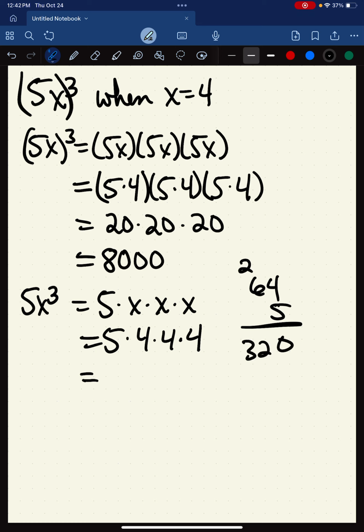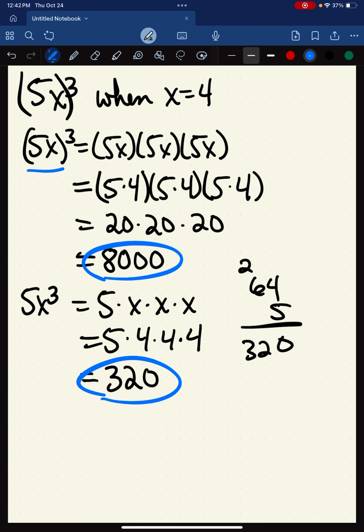It's going to be 20, carry the 2, 30, 320. So notice that these two things are not equal. So be careful with that. There's lots of very subtle nuances with exponents, so you have to be very careful with them.